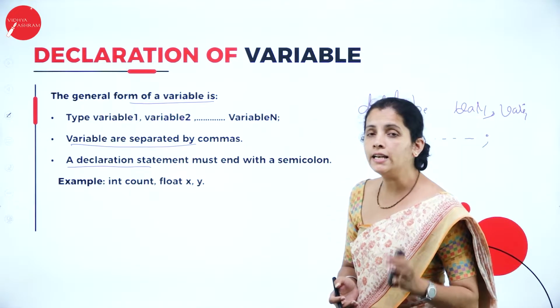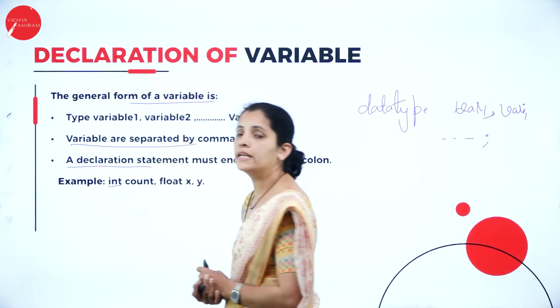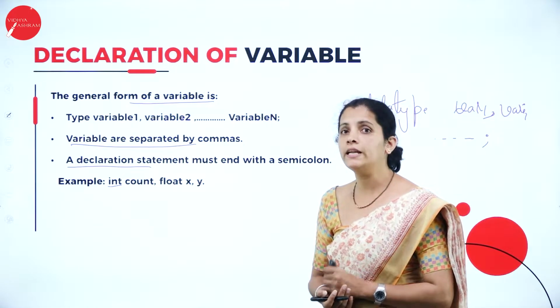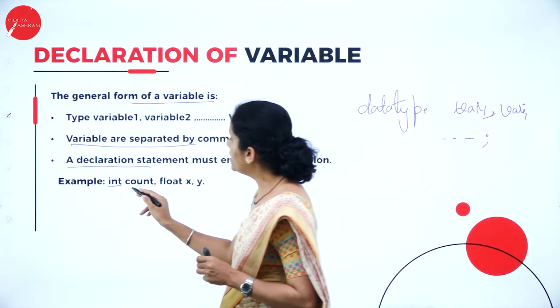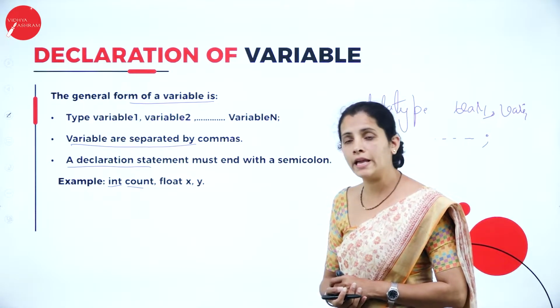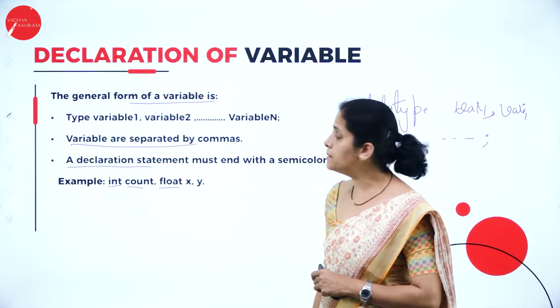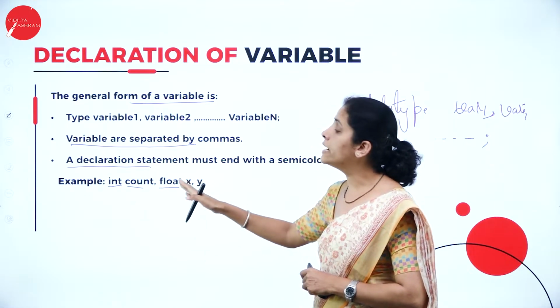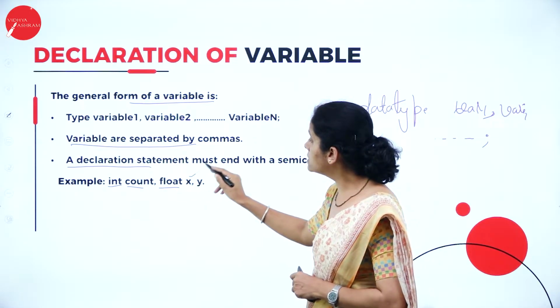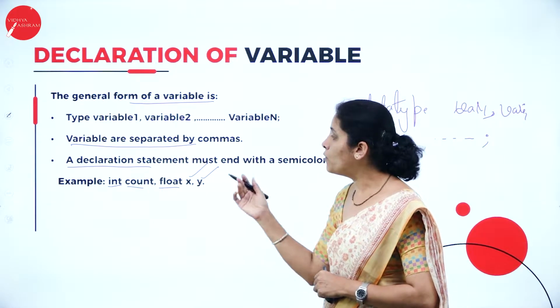So dear student, let me consider the example here. Now tell me, what is int here? That's nothing but the data type. And what about count? Here count is nothing but the variable name. And what about float? That's nothing but another data type, and x and y are variables of type float.